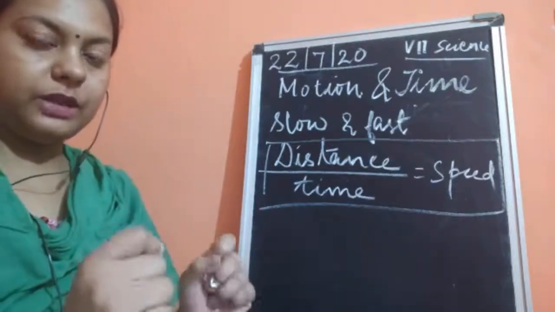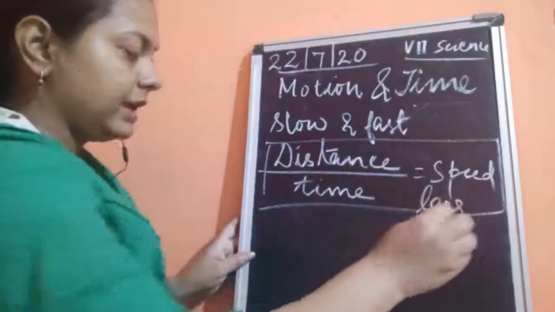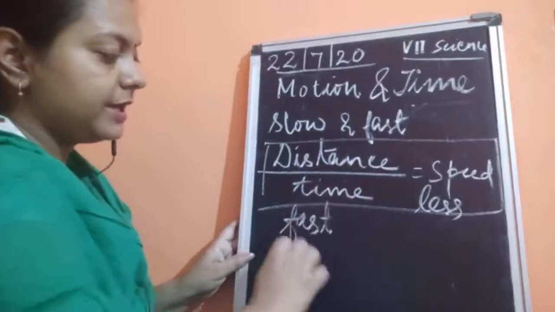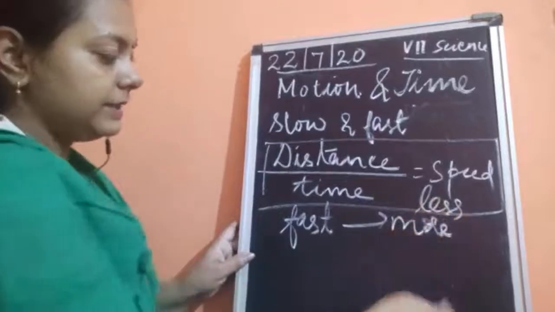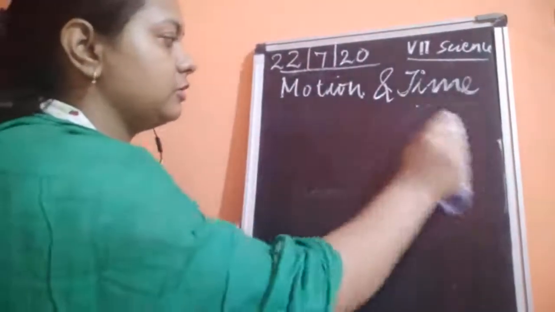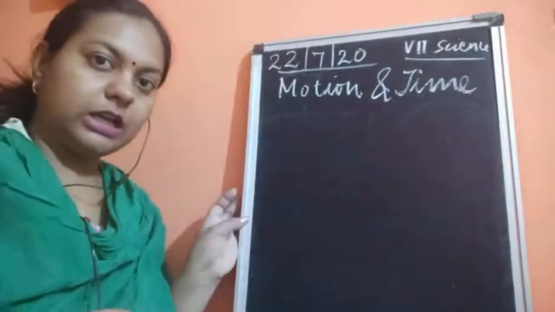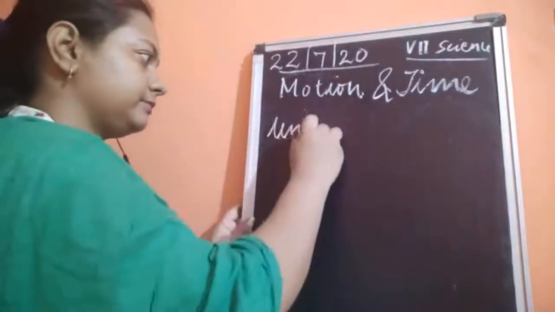If it is moving slowly, its speed is less, and if the object is moving fast, its speed is more. So speed tells whether an object is moving in a slow or a fast manner.